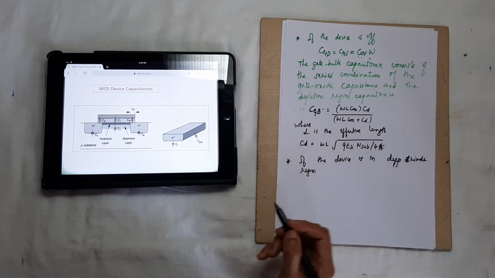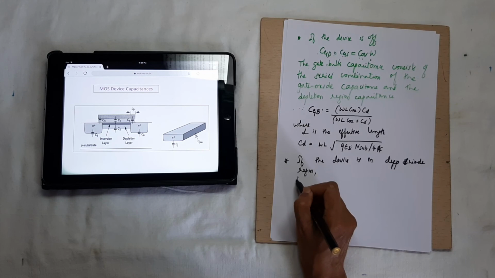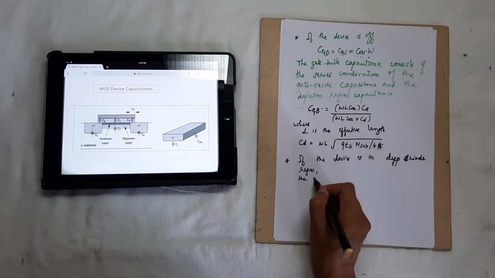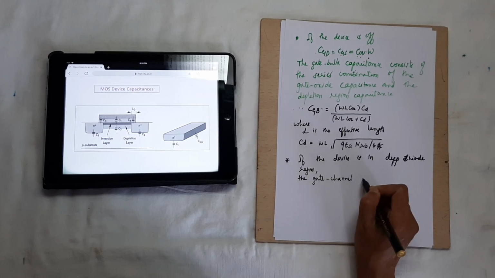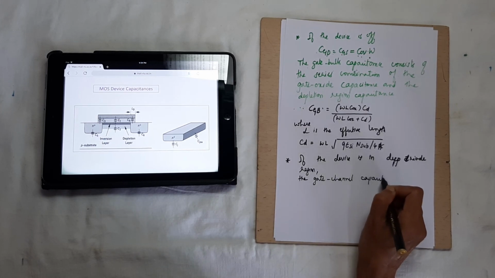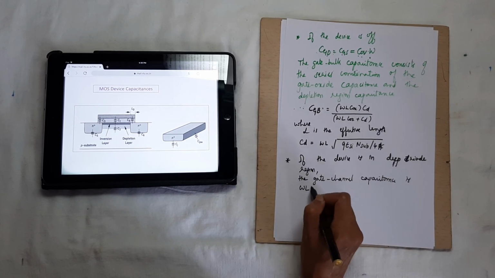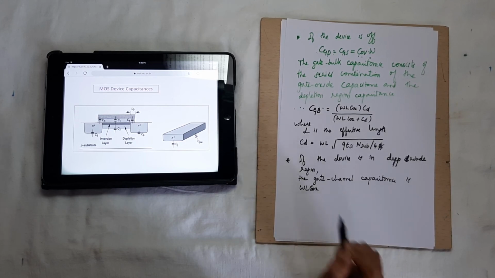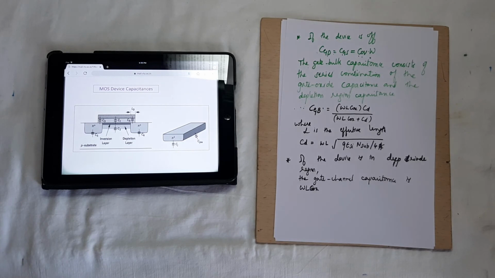The gate channel capacitance is given as WL multiplied by Cox. This WL Cox is equally divided between the drain and the source terminals.